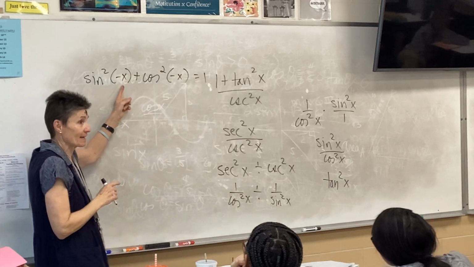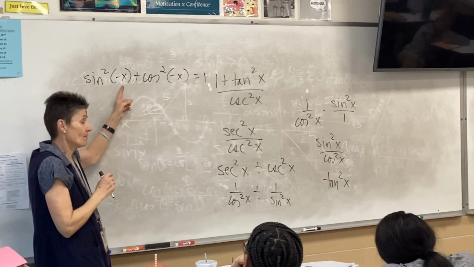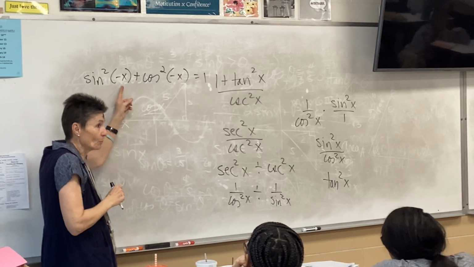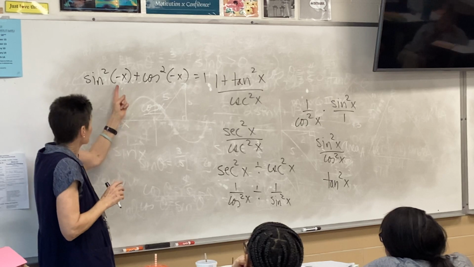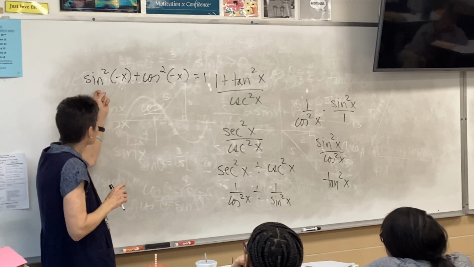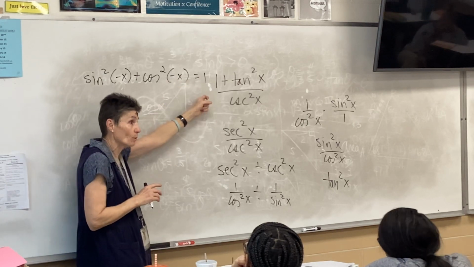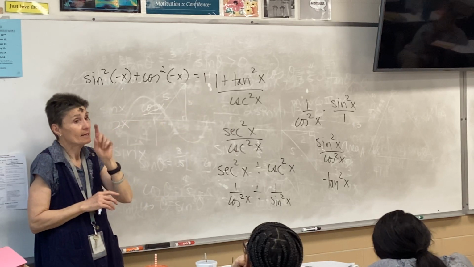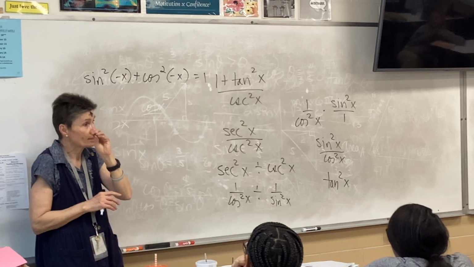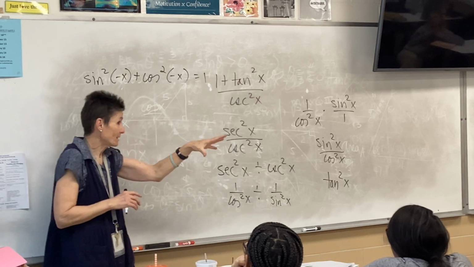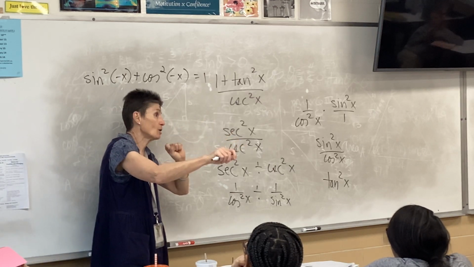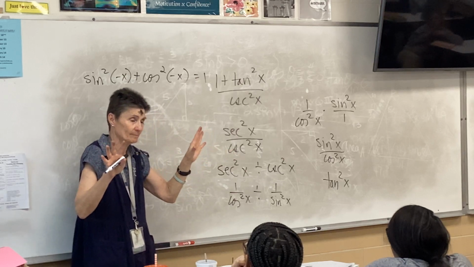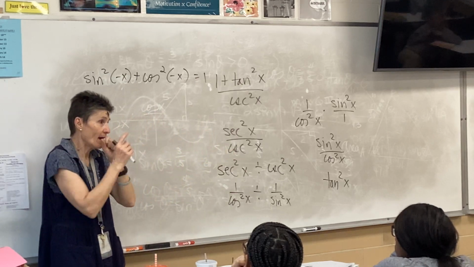That could be pi. That could be the square root of 92. As long as these are the same, sine squared plus cosine squared is going to be 1. Regular sine plus regular cosine doesn't equal anything. It has to be squared.